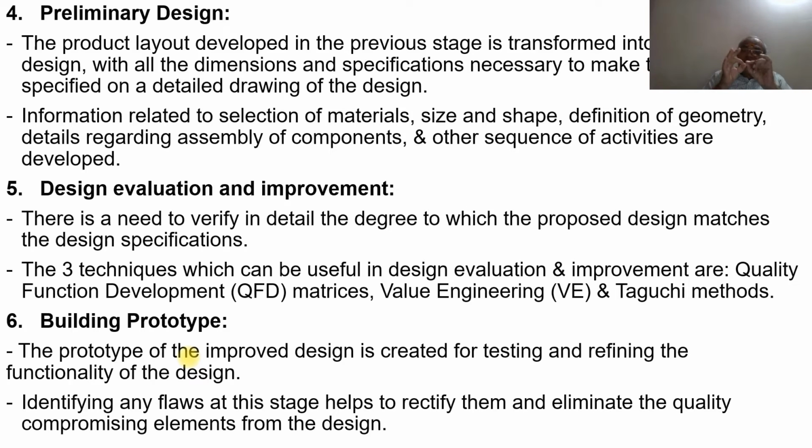Something similar to that here also: the size and shape is defined, the geometry is defined, details regarding the assembly of components, on what it will be assembled, and other sequence of activities are developed.